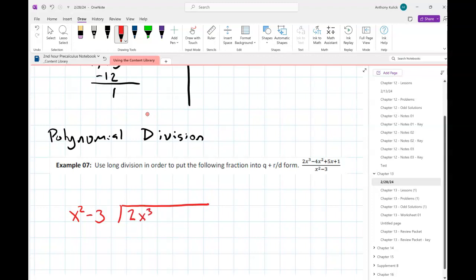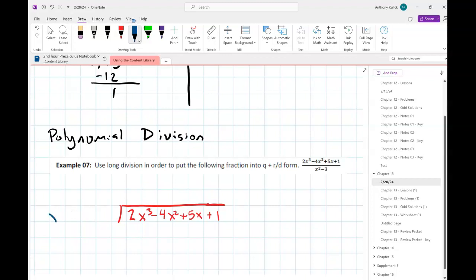That goes underneath my division bar. Everybody's okay here? But I'm going to do something. I'm going to write my divisor in a different way. What I notice in my divisor is I have x squareds and I have constants. What am I missing in between? X's, right? There's not just like a regular x term.